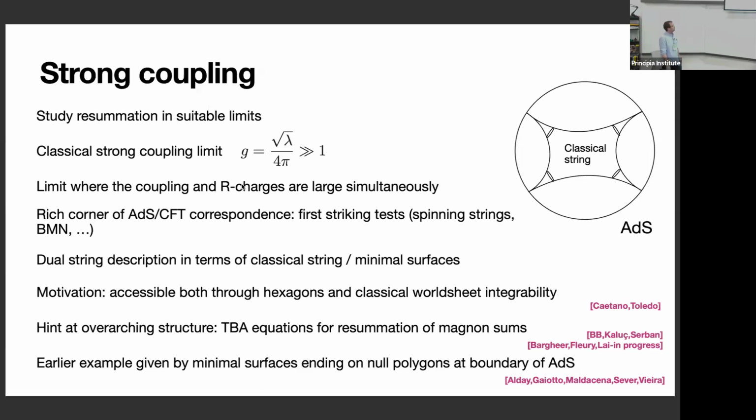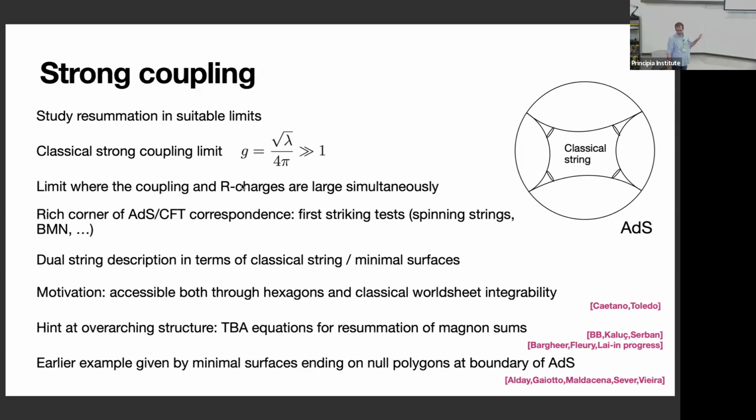Okay. So this has been a very rich corner of the AdS/CFT correspondence, which has led to some of the more striking tests with binding strings and the BMN limit and so on, if you are familiar with that. So here we would like to apply this philosophy to the case of the hexagonalization and see where it is leading us.